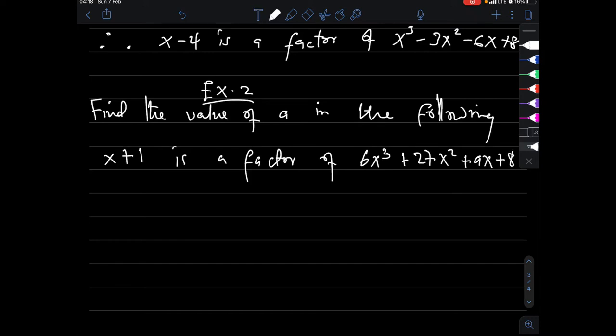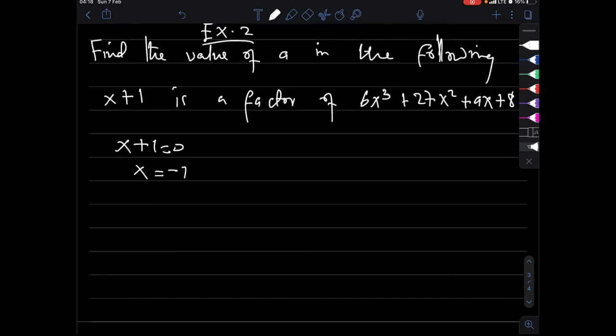So clearly we must look for a, but they have already made a claim that this is a factor of this polynomial. So let's go ahead. If it's a factor, then we expect that x plus 1 should be equal to 0, so that x is equal to negative 1. So let p of x be equal to the polynomial in question.